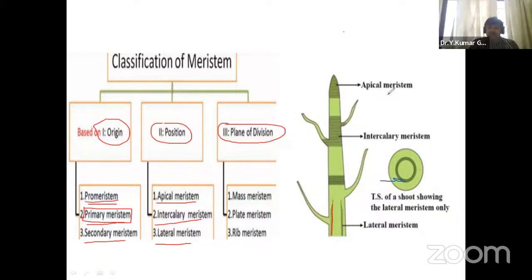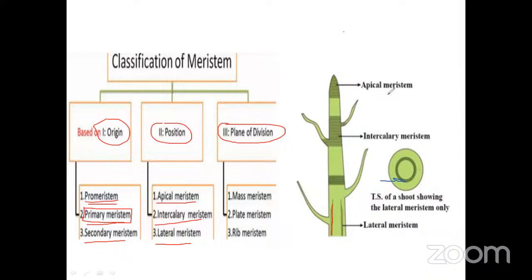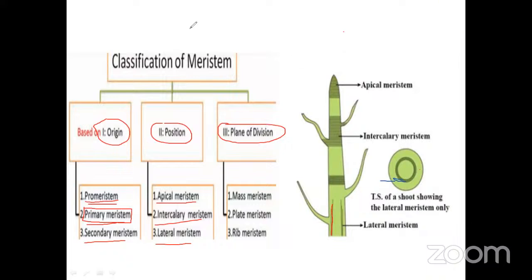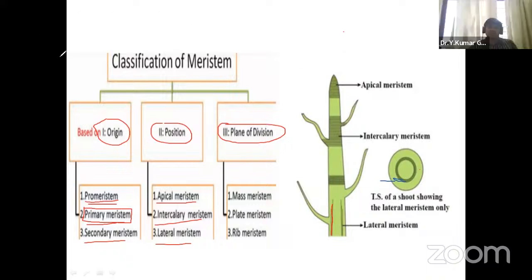Are you able to see the PPT slide? Yes, sir. Clearly visible? Classification of meristem. Medulla is also ground tissue. Except epidermis and except vascular bundle, the rest, meaning the complete cortex, as you said, pericycle, endodermis, medulla, are all ground tissue parts.